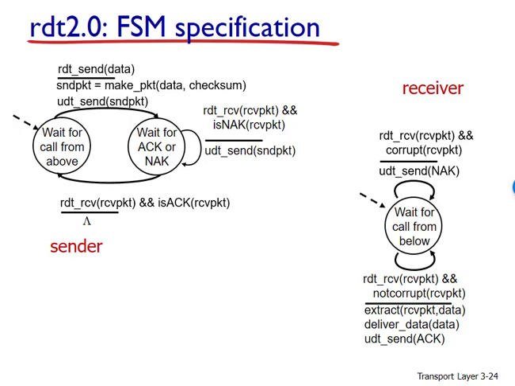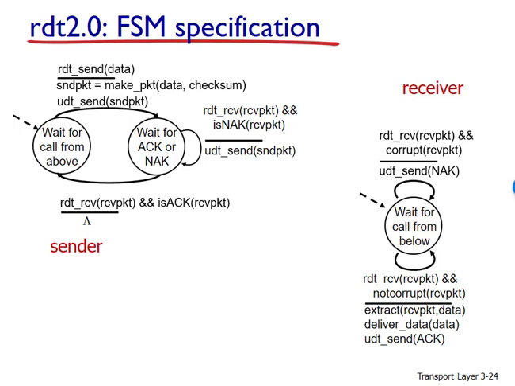The sender knows that the most recently transmitted packet has been received correctly, and the protocol returns to the state of waiting for data from the upper layer. If a NAK is received, the protocol retransmits the last packet and waits for an ACK or a NAK to be returned by the receiver in response to the retransmitted packet.